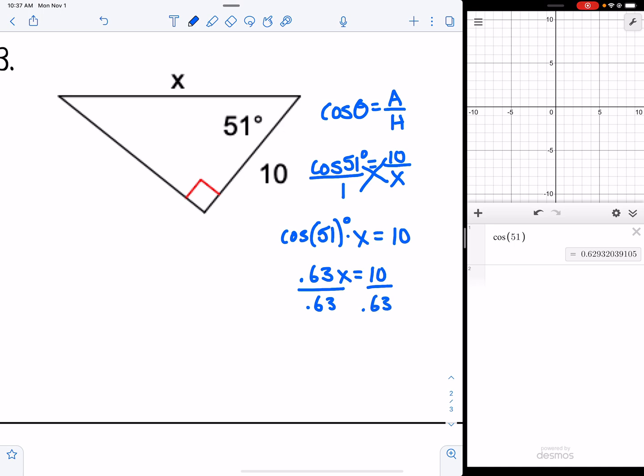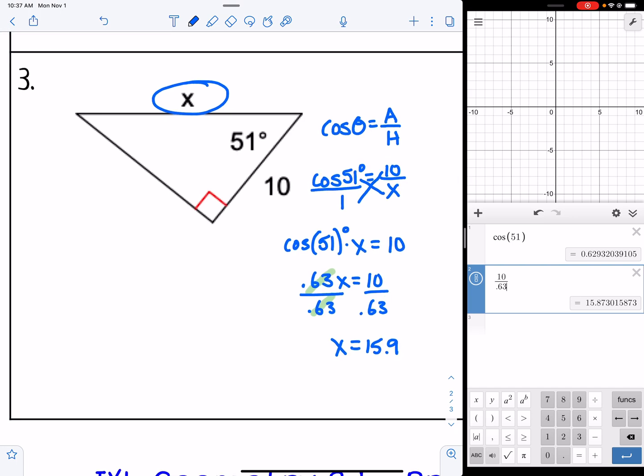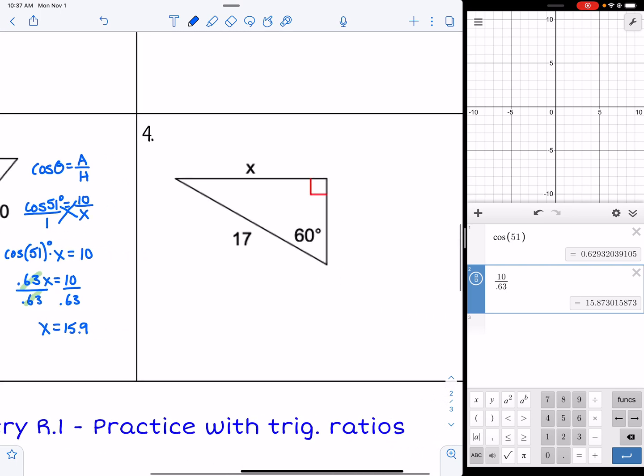So you could wait and divide, or you could go ahead and get that number. So 0.63 would cancel out, and we get 10 divided by 0.63 for our final answer, which is about 15.9. Let's just round to the nearest tenth. And we're looking for the side of a triangle, so you just want to make sure it's not negative. That would not make any sense.